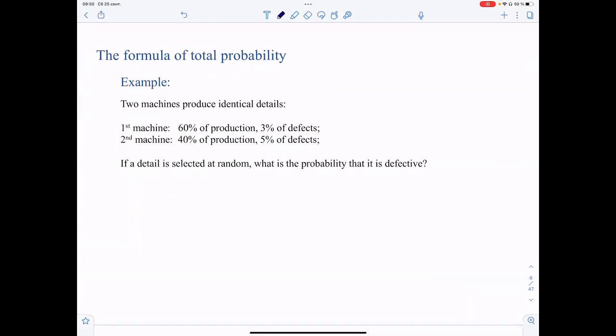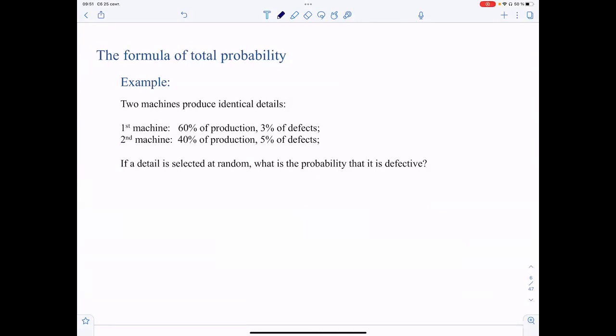We know that the first machine is producing 60% of total turnover, and it has such setups that the probability of a defective detail is about 3%. How about the second machine? Well, it is producing 40% of turnover, and the probability of defects is about 5%.